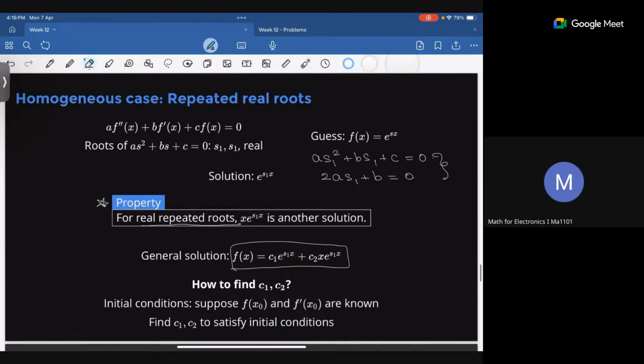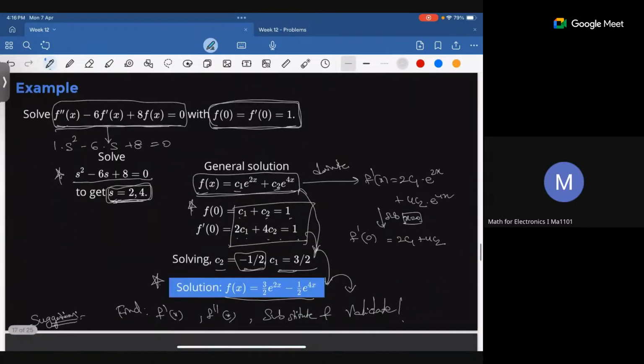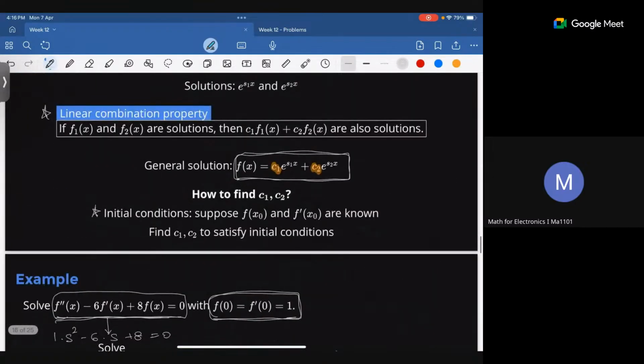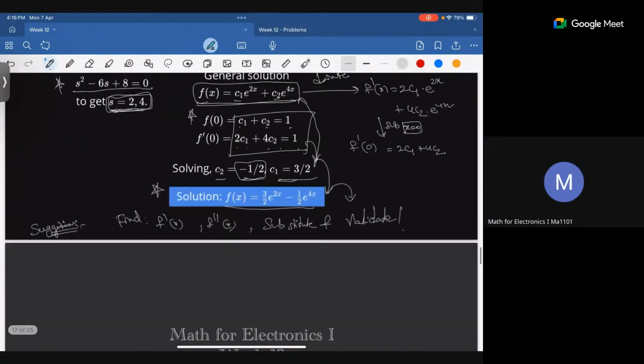So finally, the general solution when we have repeated real roots is different from the general solution for distinct real roots. For distinct roots, the general solution is C1 e power S1x plus C2 into e power S2x, where S1 and S2 are different.